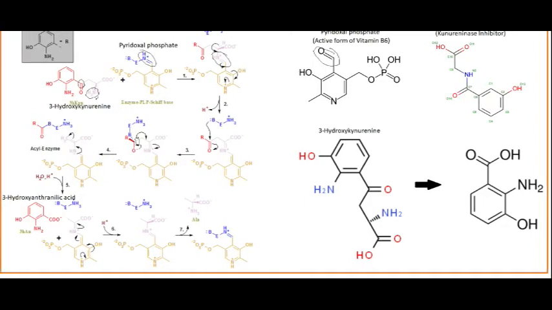And so then we move down here, and this shows that this is coming off. It shows a water and a hydrogen ion coming down. So it would just be a water attacking that carbon right there and breaking it off of that base. And so we end up with our 3-hydroxyanthranilic acid, and then it has to remove this alanine here, so it's actually going to have the lysine come back and rebond with the vitamin B6.